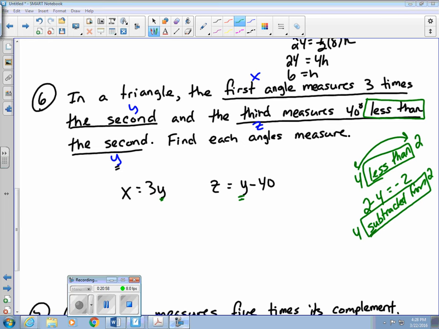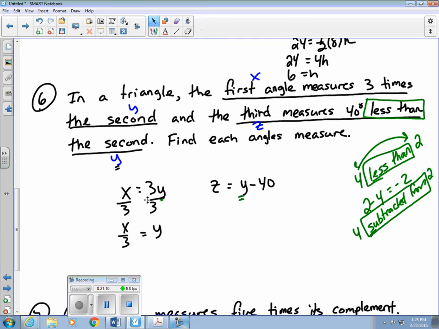I could say y is the same thing as x over 3, and I can take that x over 3 and plug it in for y over here. But again, you still have two variables.